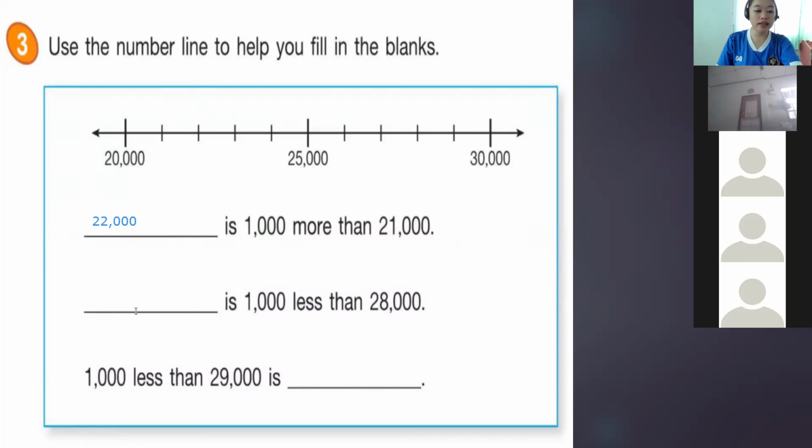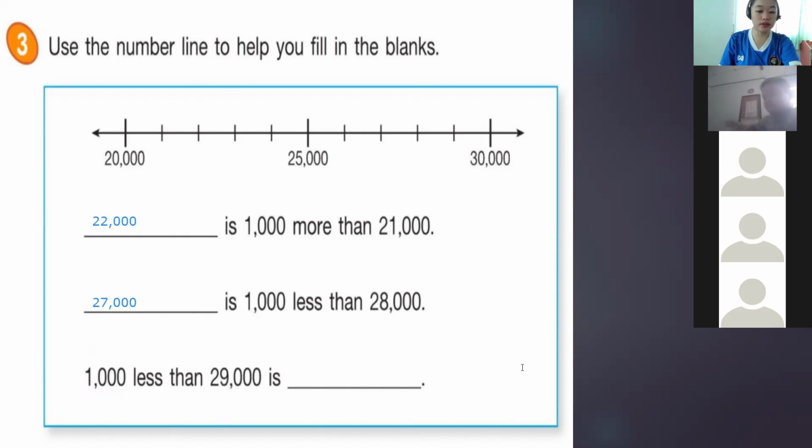Okay. And next is we have blank is 1,000 less than 28,000. So we have 27,000 is 1,000 less than 28,000.